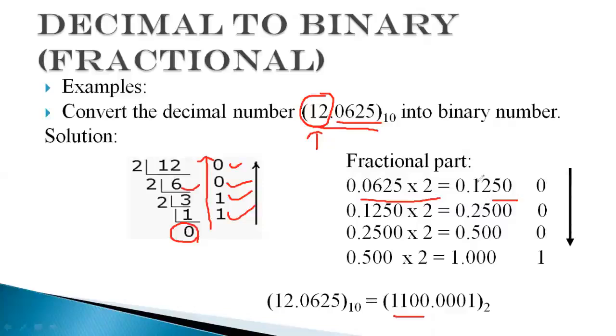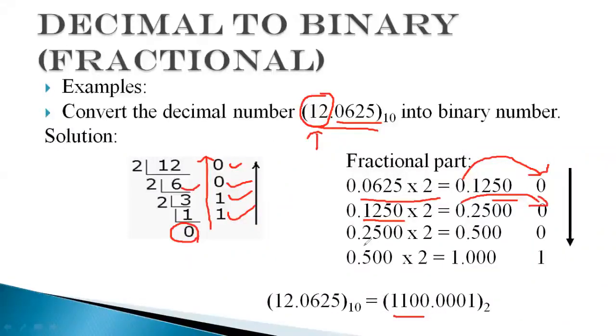record the output, and extract the value given before the decimal point. So I have extracted 0 from 0.1250. Now the new number is 0.1250, again multiplied by 2. And the new number is 0.2500. Extract the number given before the decimal point.